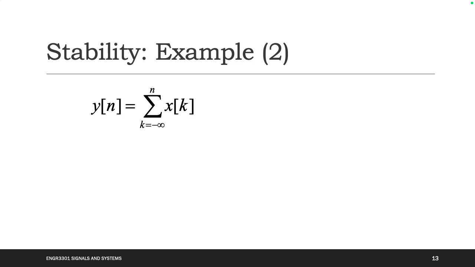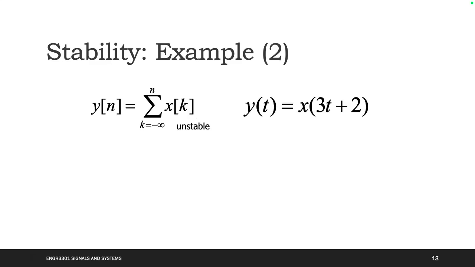When we talk about those examples, we just assume the input is bounded and check whether the output is bounded or not. For this one, it's unbounded, because you can see here we need to add an infinite number of input terms, which means it might have an infinite value. So this one is unstable.